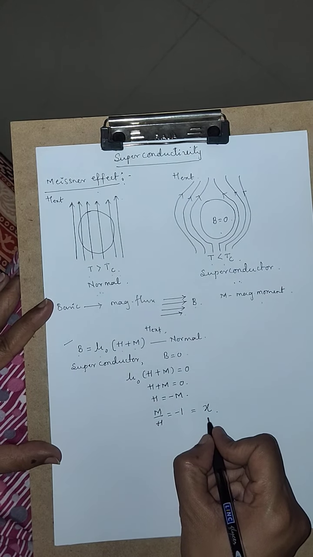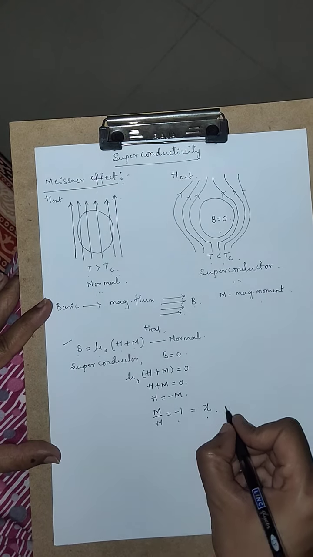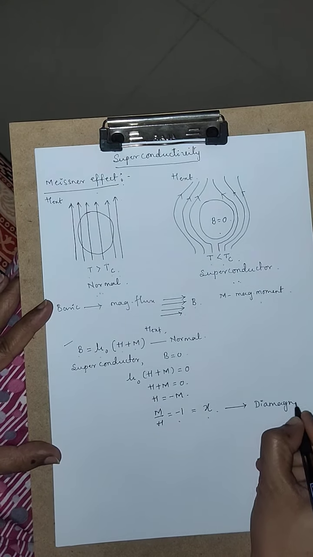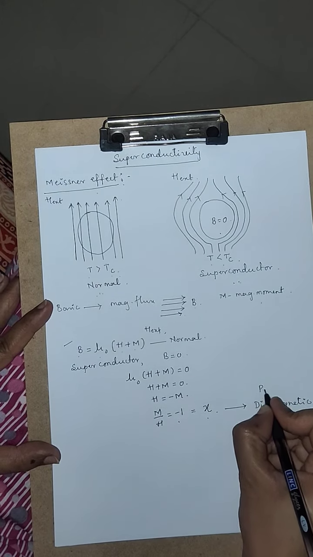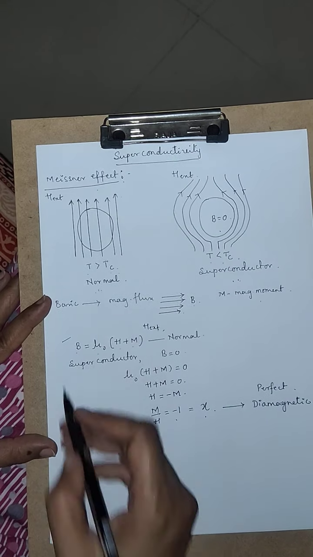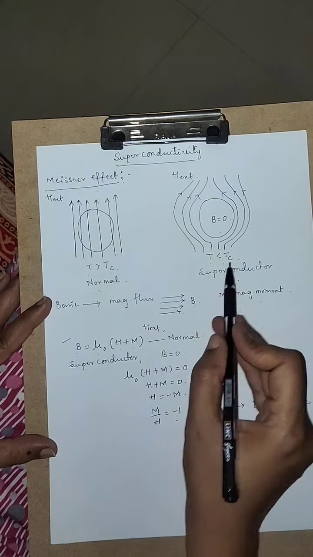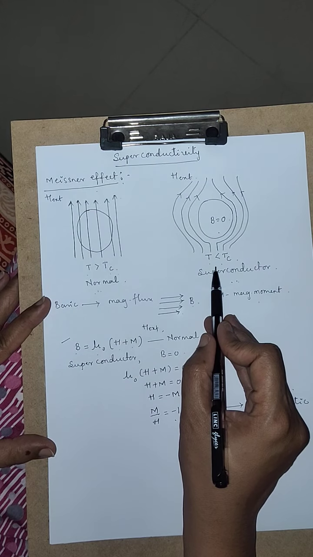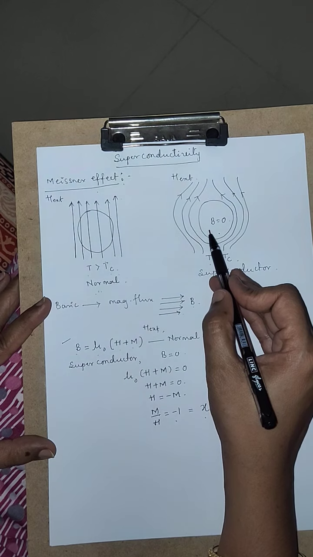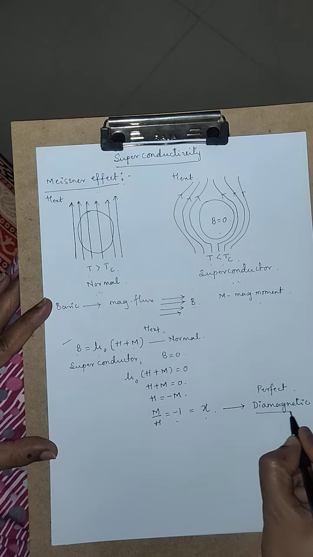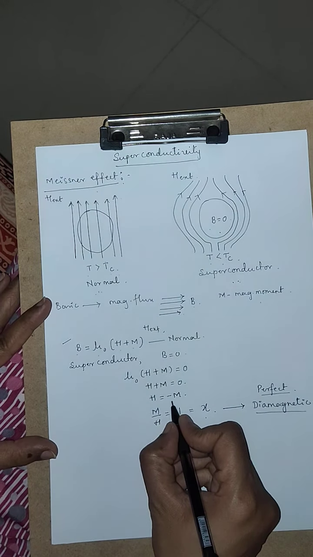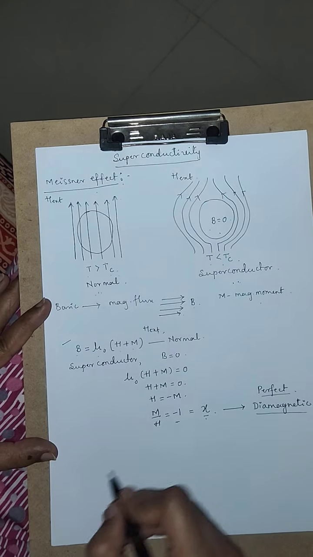If a material has susceptibility of -1, then that material is known as a perfect diamagnetic material. So what happened in our case? While discussing the Meissner effect, when the material is held below the critical temperature, the superconducting material will not allow any flux to enter its body. Hence, the material acts as a perfect diamagnetic material as it has acquired susceptibility of -1.